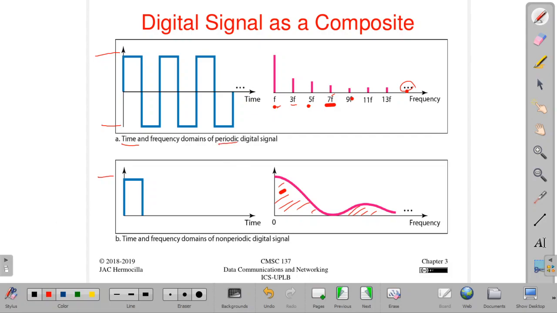Okay, so it's important that you understand that most modern data communications use digital signaling, and that digital signals are non-periodic, and the frequency plot is a continuous plot, but still also infinite.